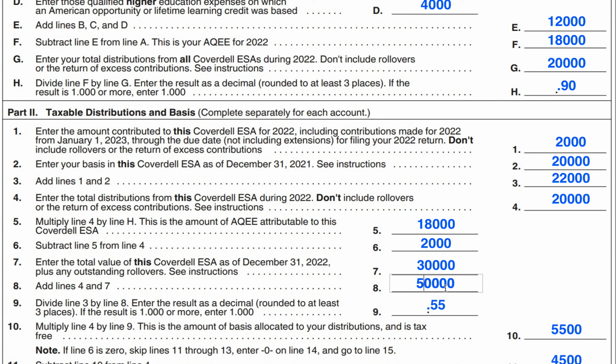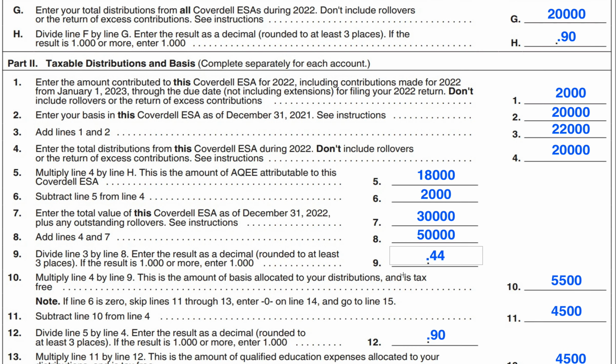We're going to divide the line 3 amount by that $50,000, which means we get a 0.44, I believe. So now we're going to multiply line 4 by line 9. So we get $8,800. That is the amount of basis that's allocated to our distributions.